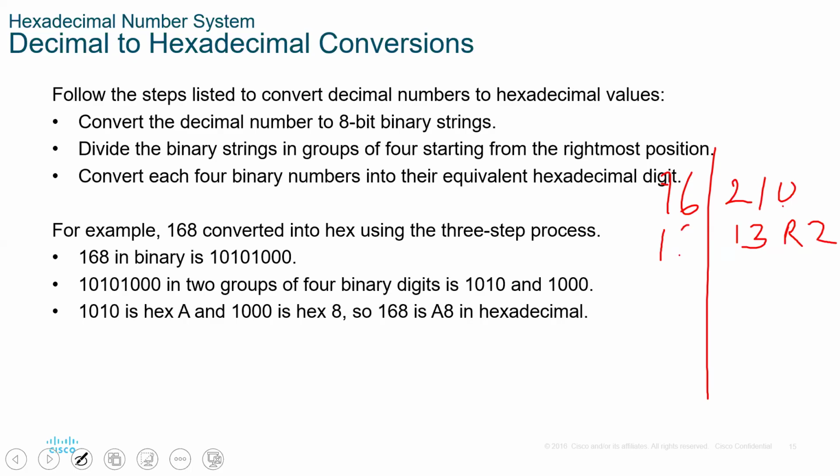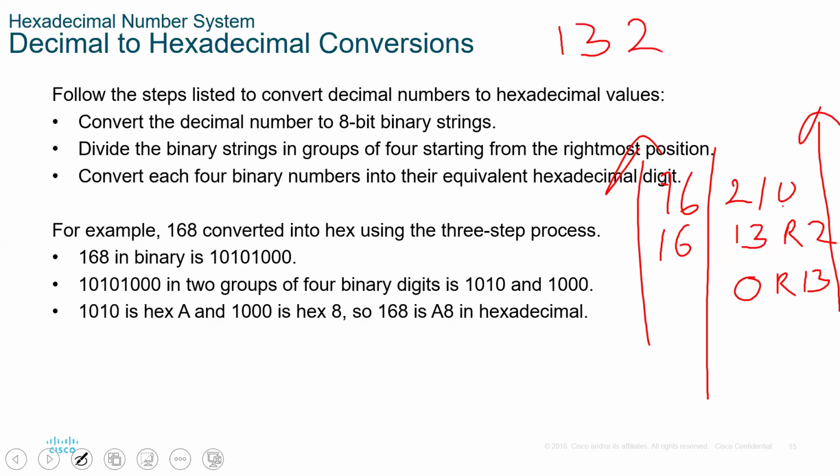Then we'll come here, 16 into 13 is how many times? It is 0. Remainder 13. So if I want to represent this, remember we say you carry your value from down up. That is your answer. So our answer is going to be 13 and then 2.